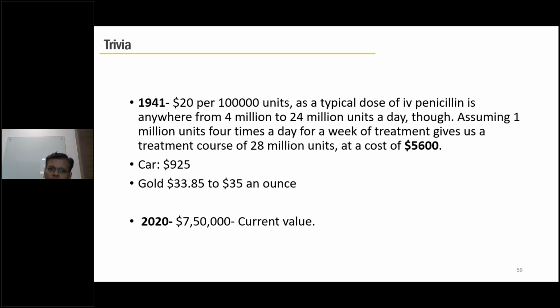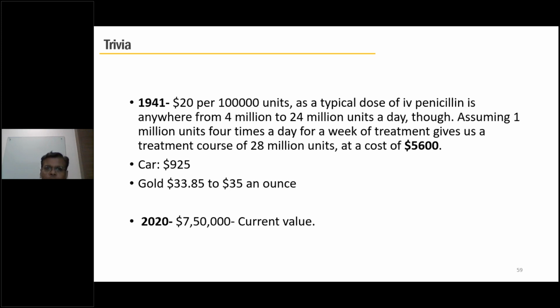So that was the cost of treatment with penicillin in 1941. If we extrapolate that to the 2020 cost, it would be nearly $7,50,000 USD.